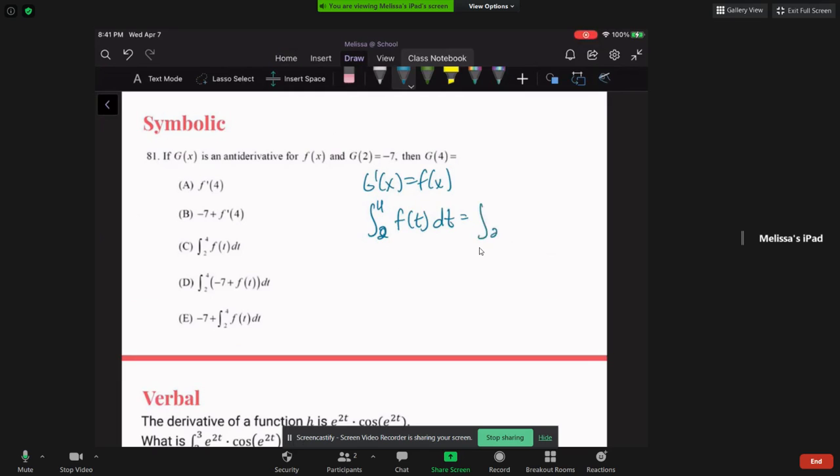So really that's equivalent to the integral from 2 to 4 of g prime of t dt. In my given information, I'm given what g of 2 is. I'm going to evaluate this using the fundamental theorem. The antiderivative of g prime is just g, and I evaluate it at each of my limits. My upper limit gives g of 4 minus g of 2.